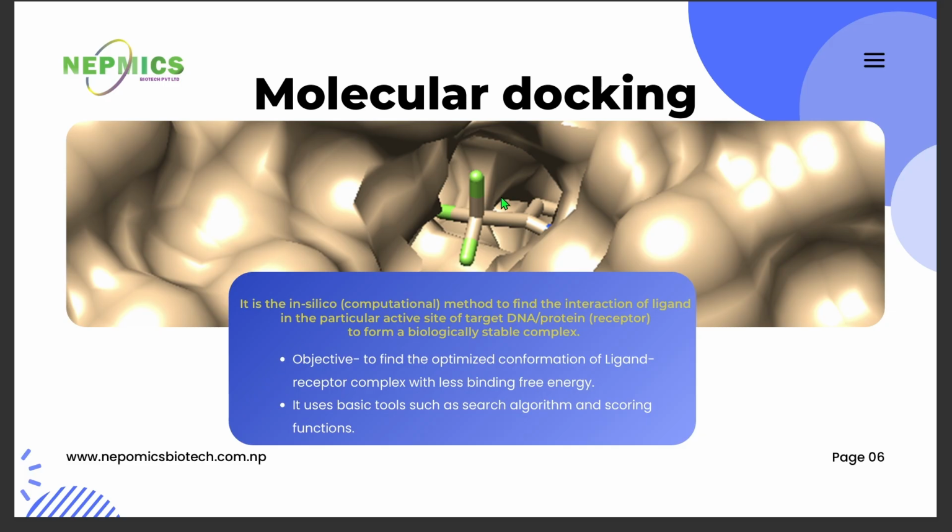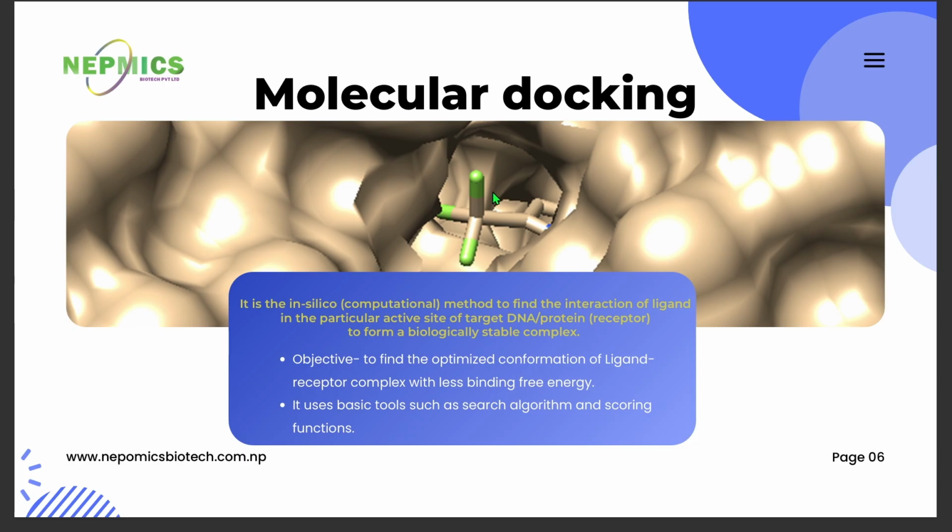And once it is docked over there, it will form a biologically stable complex. It is determined by the minimum binding energy and the interaction pattern that I have already told you. And the major objective of molecular docking is to find the best conformation. Okay, I have already told you about molecular docking.